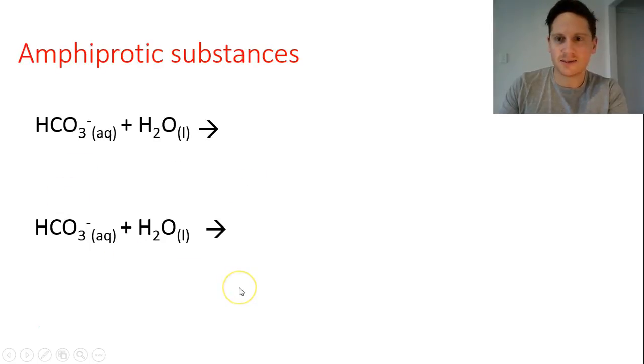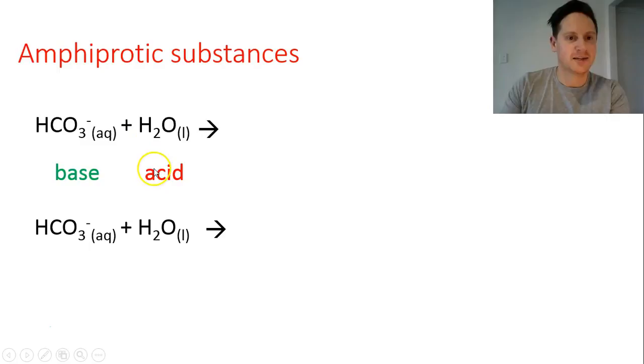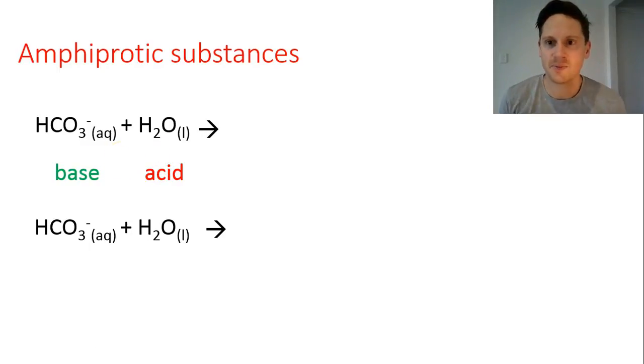So here's our last little bit that we'll go through, an example of an amphiprotic substance. So we've got this species here. Do you know the name of this one? This one's a hydrogen carbonate ion. And we've got water as well. First of all, we're going to have water acting as the acid and HCO3- acting as the base.